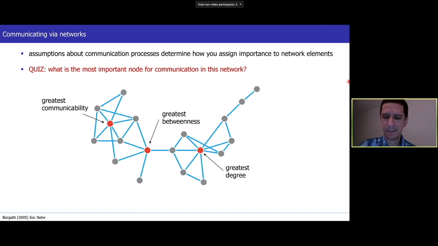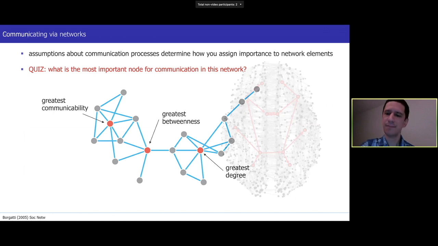In other words, you might be agnostic about how communication takes place on your network, but the network theoretic statistics and measures that you pick to describe your network, to describe your nodes, are not agnostic, and you really have to be aware of the assumptions that they're making.